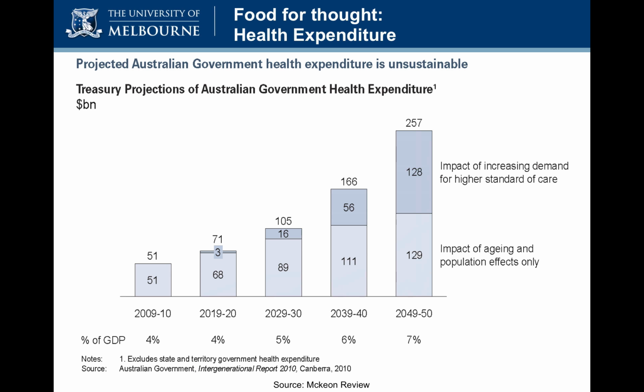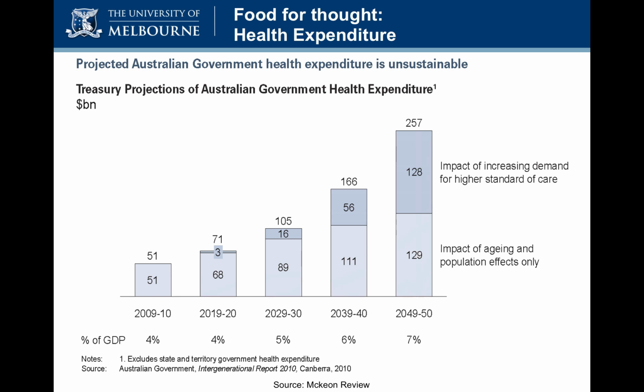As you can see, there are perhaps two effects that may affect the long-term trend in health expenditure. One is the ageing of the population, where in real terms expenditure can be expected to go from around $51 billion to $129 billion, so it will more than double.